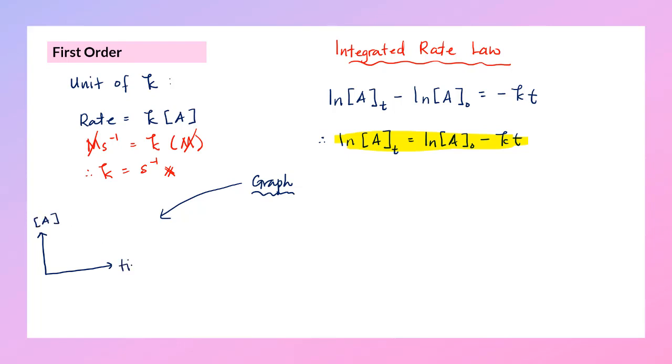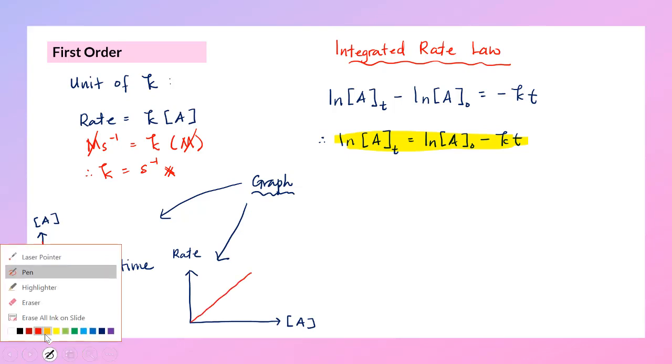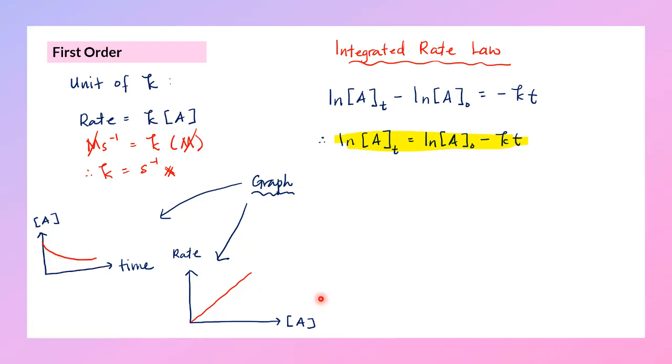For a first order reaction, the graph of concentration of A against time is like this. Okay? This is the graph for first order, rate against concentration of A.